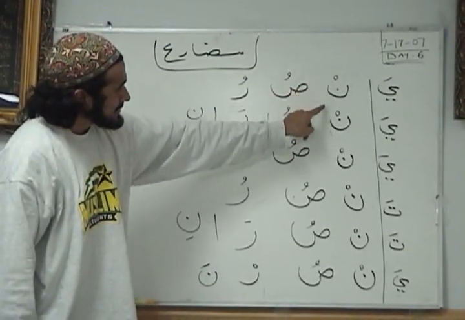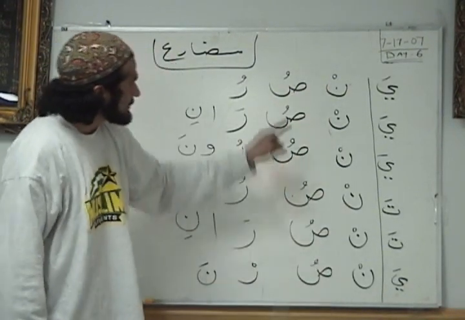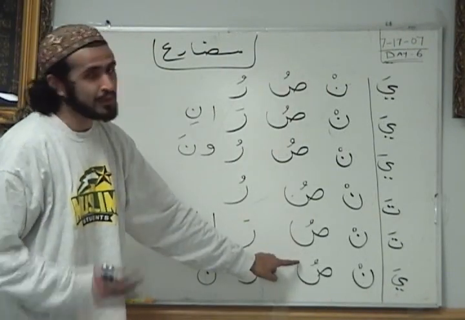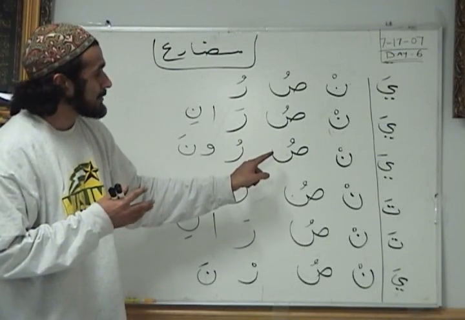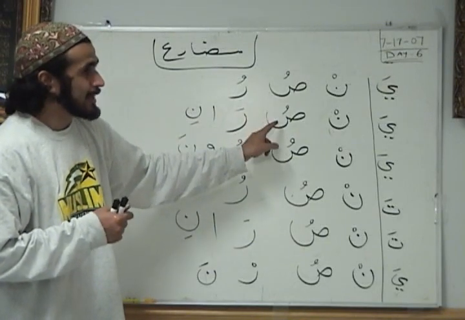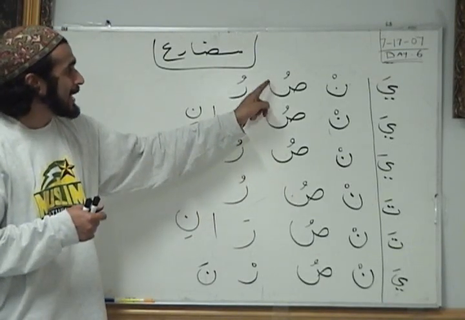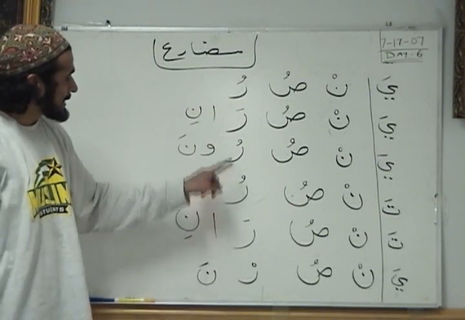Then the original first letter, which is now the second letter, will have a sukun. This depends, based on the dictionary definition, on what fi'l you're dealing with. In case of nasara, it's dhamma. In case of daraba, it will be yadribu. This letter will have a kasra. In case of fataha, it will have a fatha. Fataha yaftahu. But everything else here stays the same.